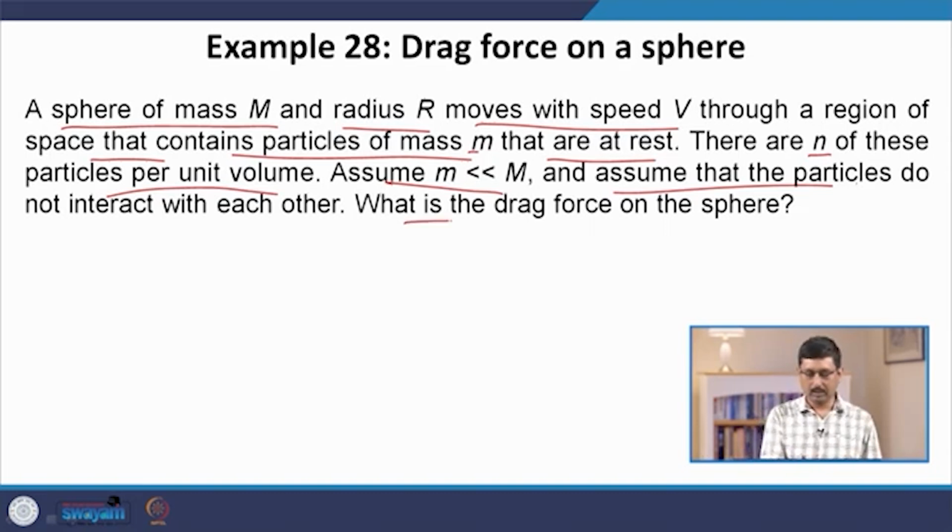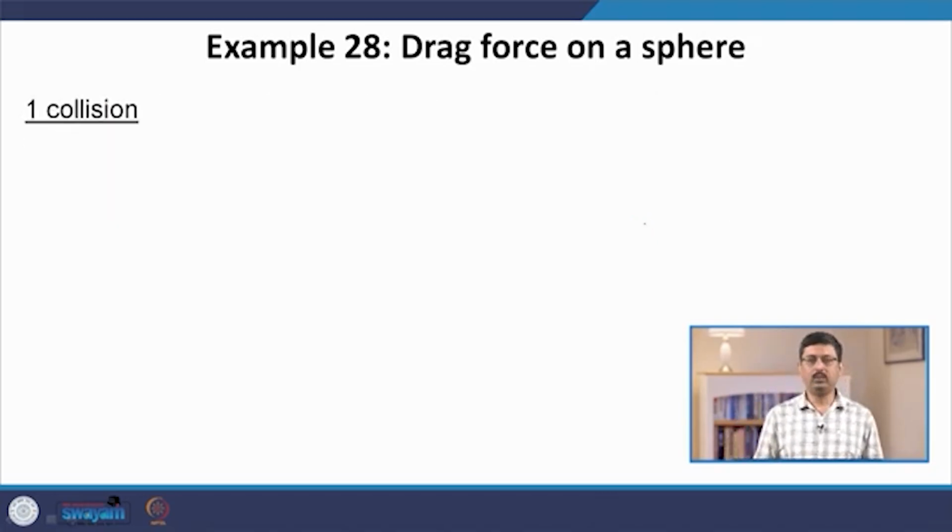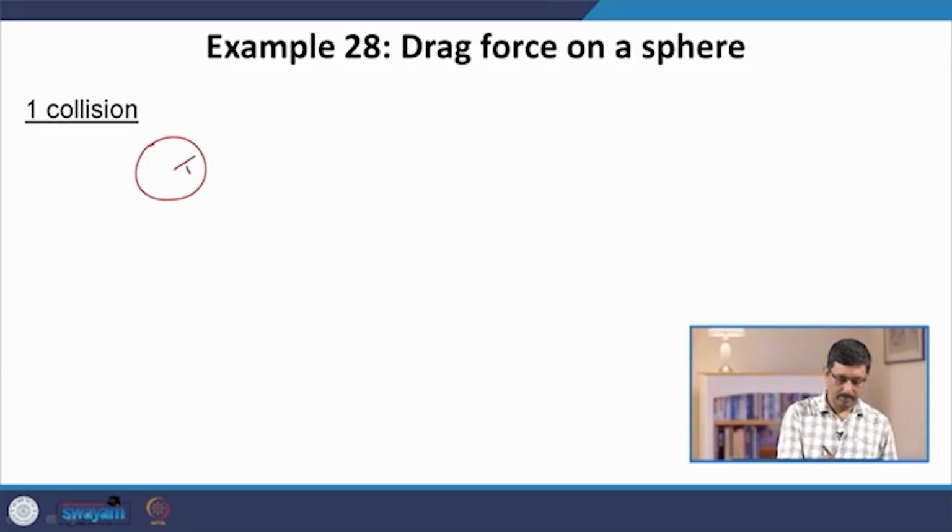So, then the problem is to derive an expression for the drag force. We are going to divide this into two steps. Our physical idea is the following. Imagine this is a sphere of radius r, and this sphere is immersed in this fluid, and let us say that this is a fluid particle of mass m.